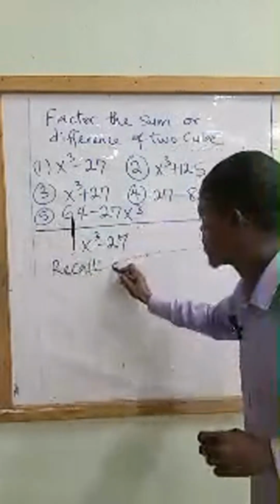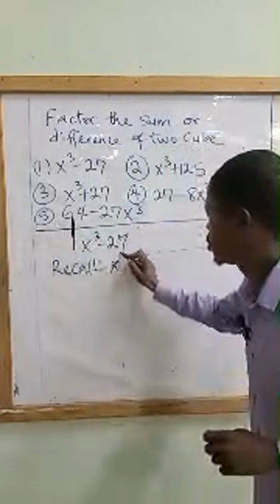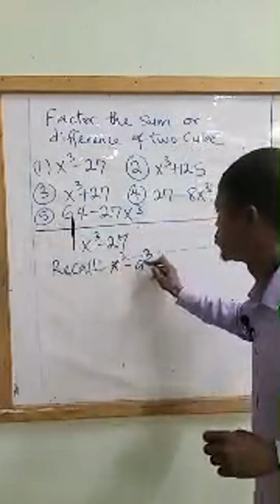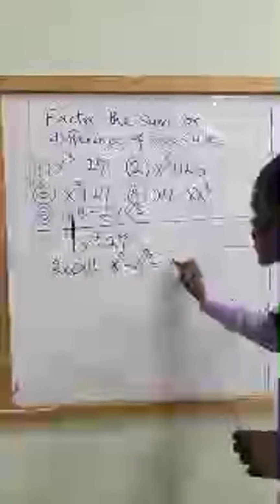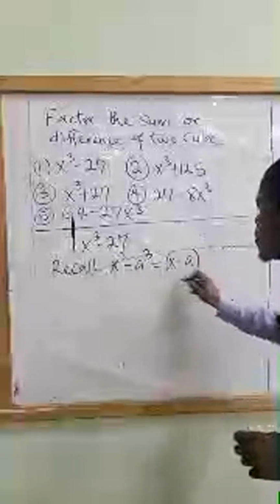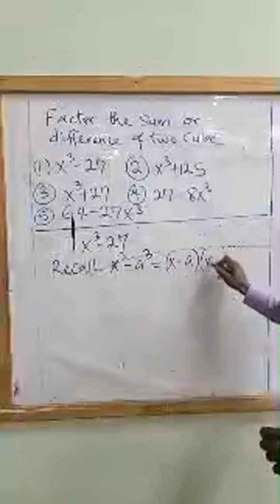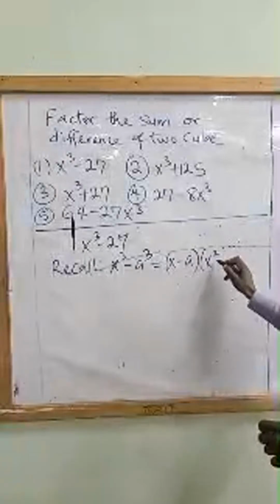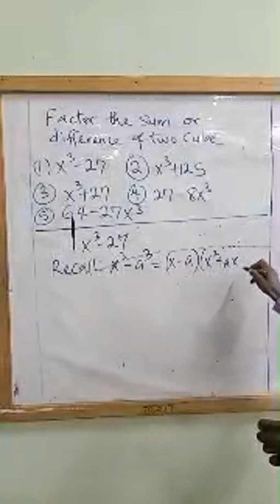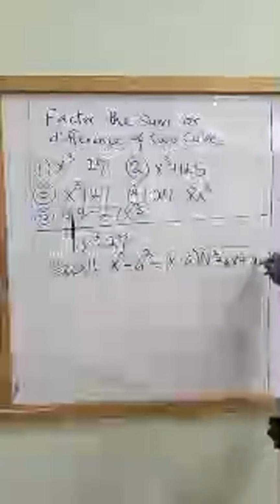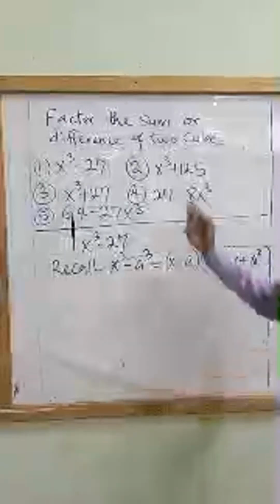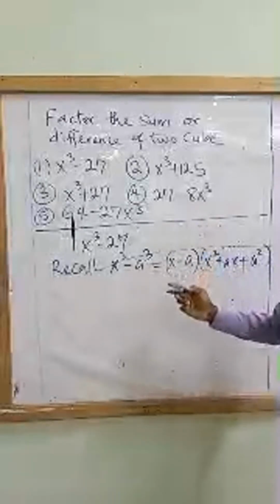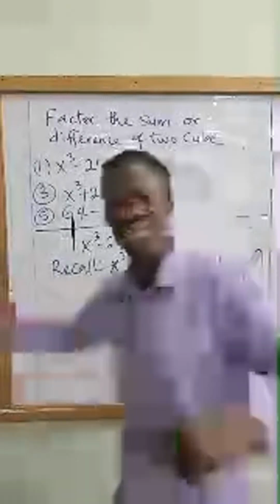If you have, let's say, x cubed minus a cubed, it's going to give you x minus a times x squared plus ax plus a squared. I've already explained this in the first section, so if you missed that section, please go there and watch it.